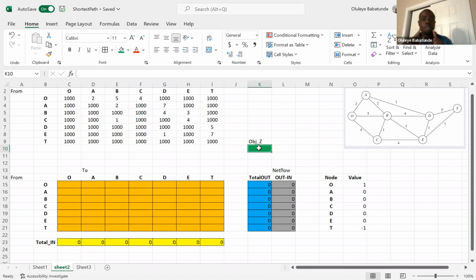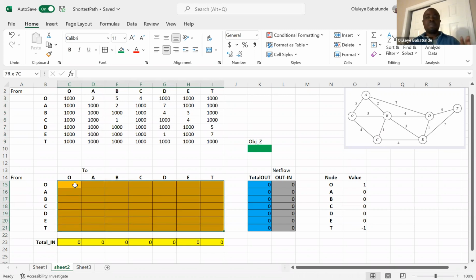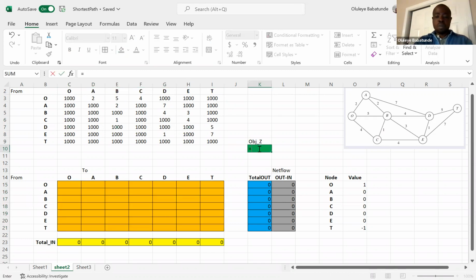Now, as usual, you will always compute some product between the cost matrix here and the orange cells here, right? Now, you always compute the sum product, so equals sumproduct between these.